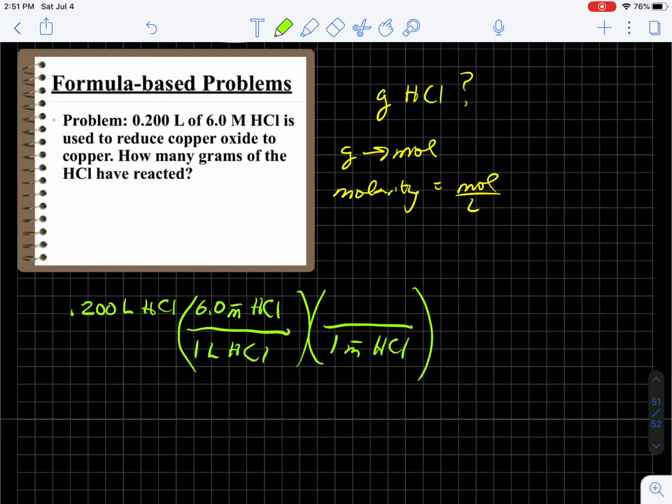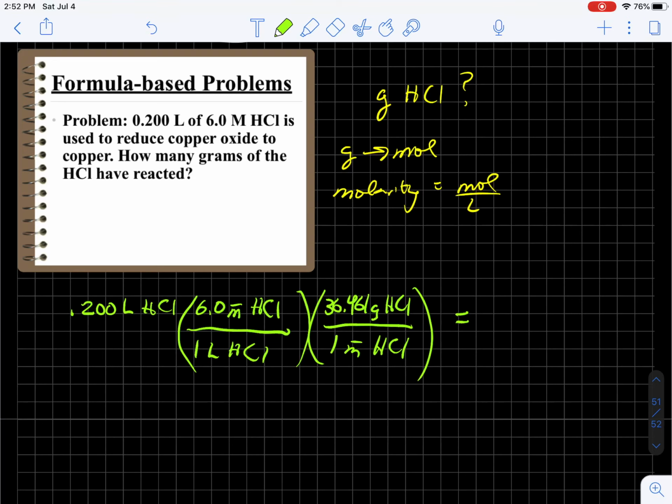So I can go to the periodic table. 1 mole of HCl. I can look up hydrogen, which is 1.008, and add it to chlorine, which is 35.453. And that comes out to be 36.461 grams. Alright, so now I'm good to go.